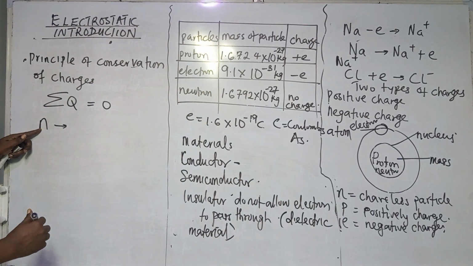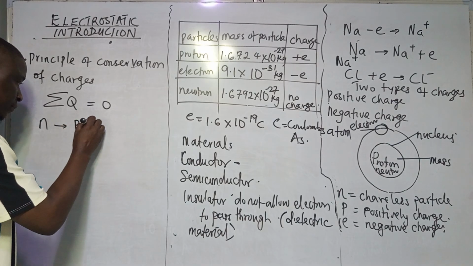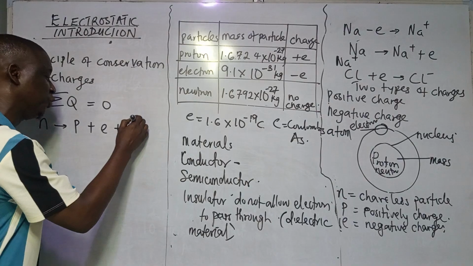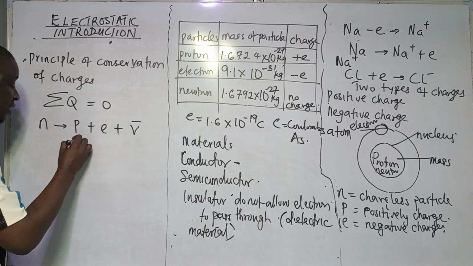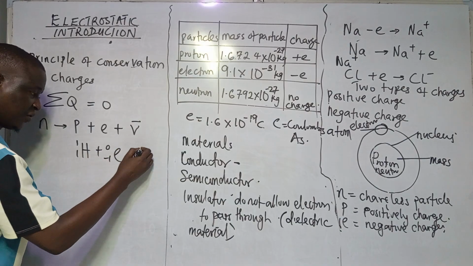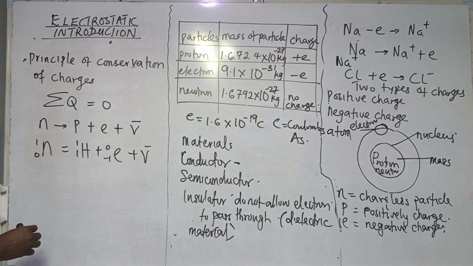Don't forget, a chargeless particle like neutron, when you isolate them, produces a proton plus electron plus antineutrino, a chargeless and massless particle. It will be something like this.